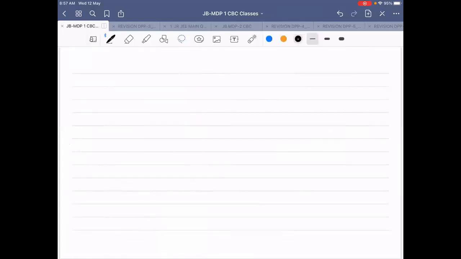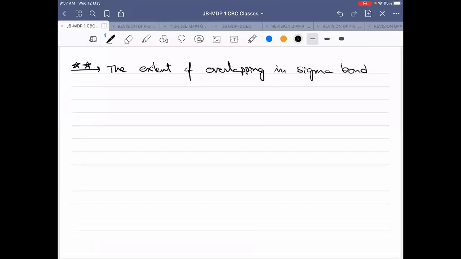So that point, what I have told, is a very, very important point, write down. The extent of overlapping in sigma bond is greater than in pi bond formation.